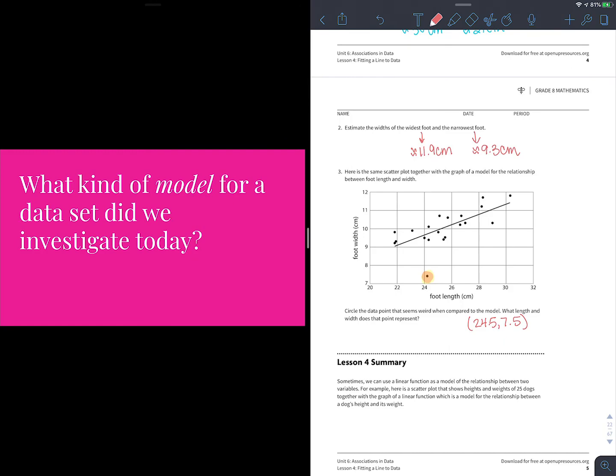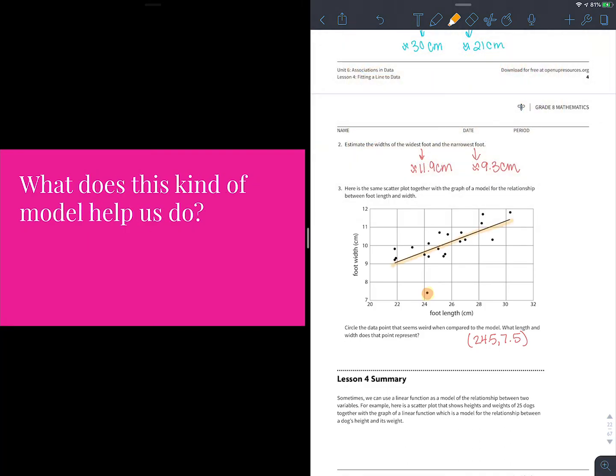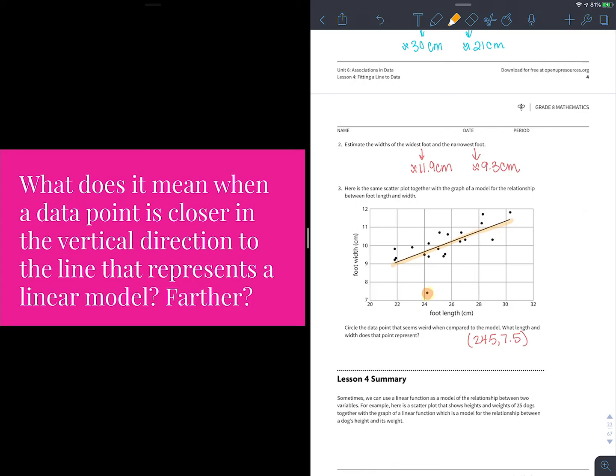So what kind of model for a data set did we investigate today? We investigated using a linear model. You see that with the line that goes through our data points. What does this kind of model help us do? It really helps us see the trend in the data more clearly and make predictions.